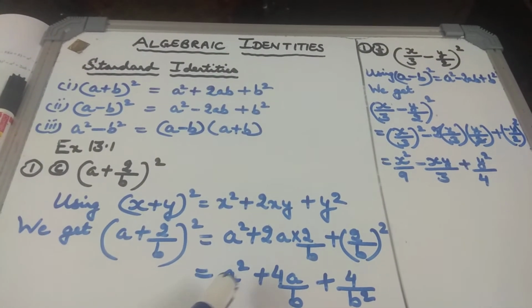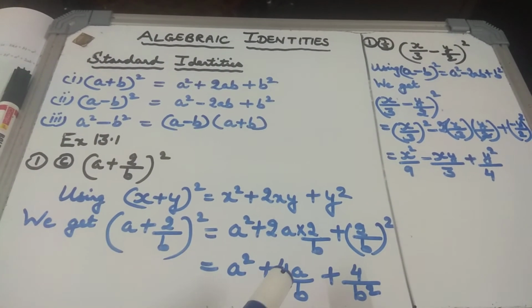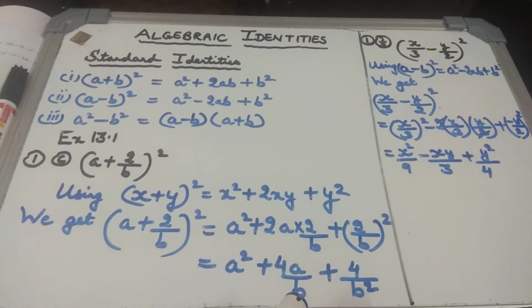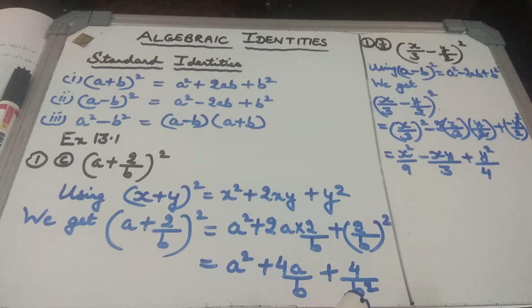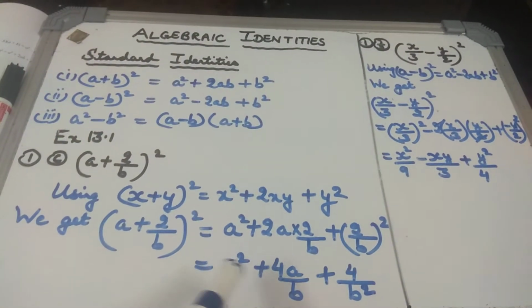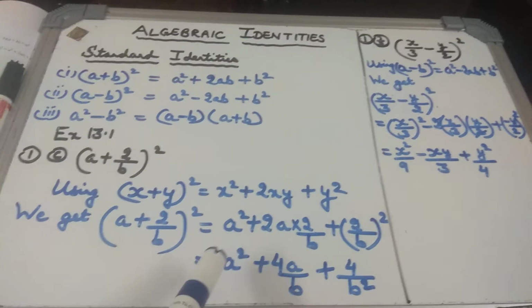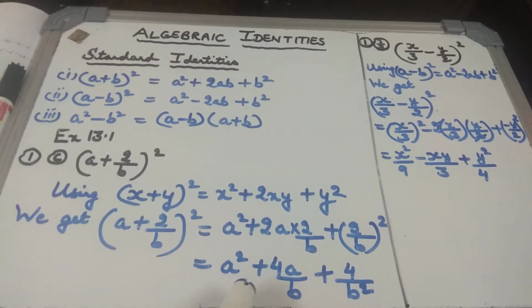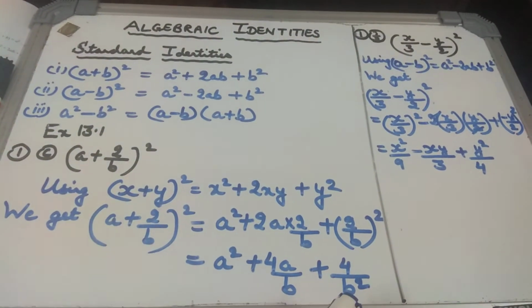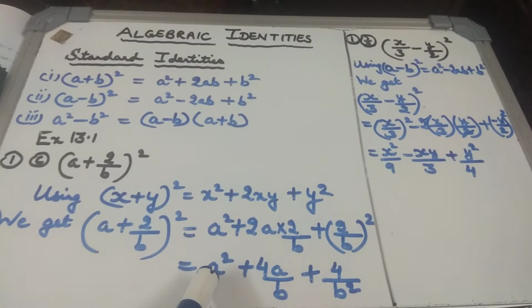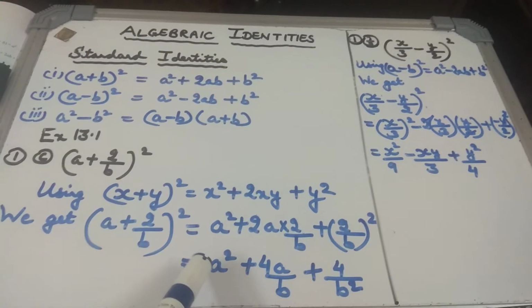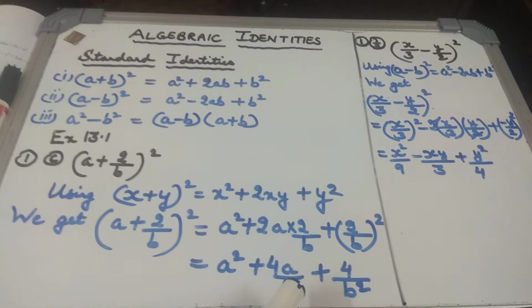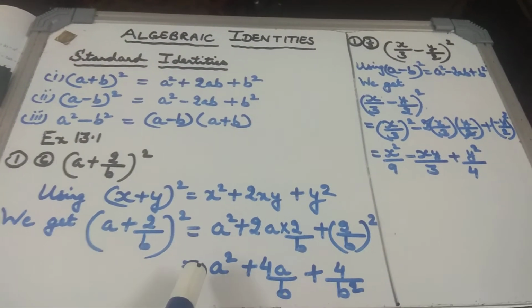So a square plus 2 into 2, that is 4a upon b, plus 4 upon b square. This expression cannot be further simplified, because all the terms are unlike terms, none of them are like terms. So this is your final answer.